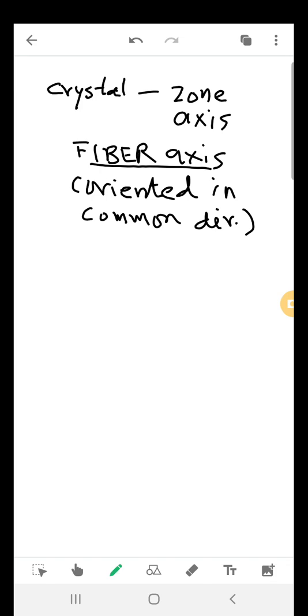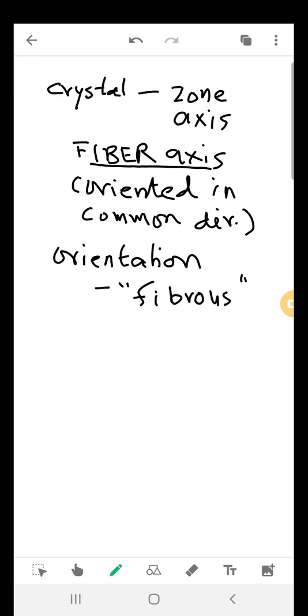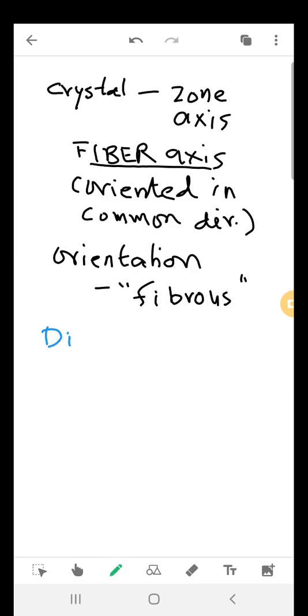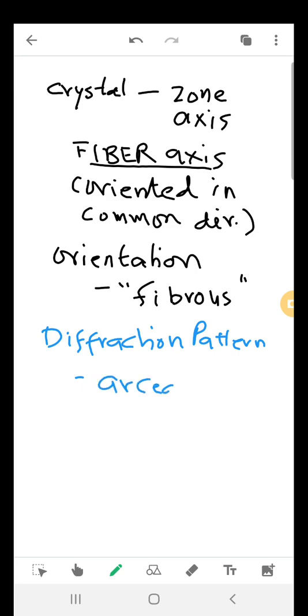And the orientation is then called fibrous. The diffraction pattern then consists of arc rings of definite symmetry.